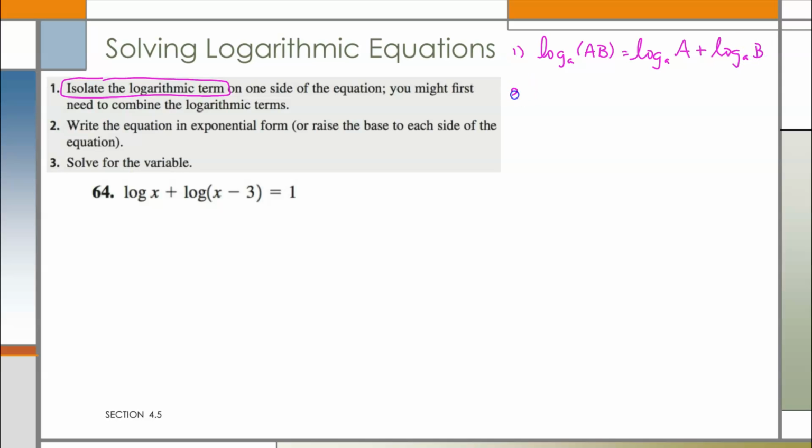If we're dividing, we separate with subtraction. If we have log base A of A raised to a power, the power can be written out front.